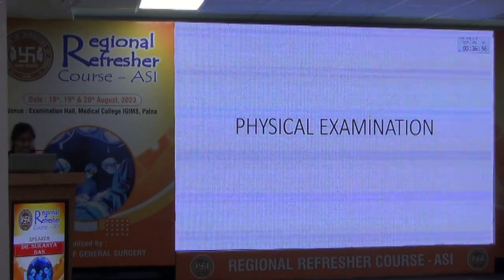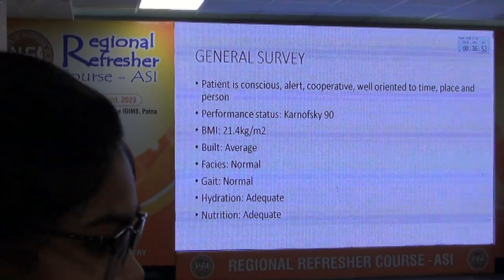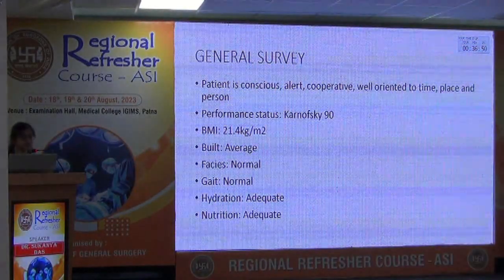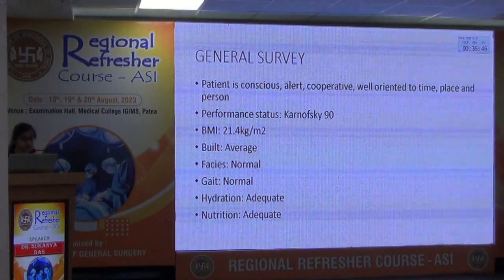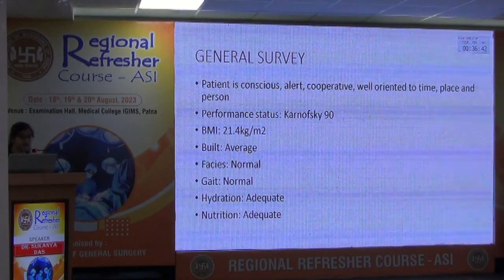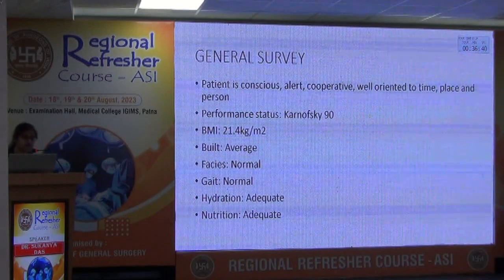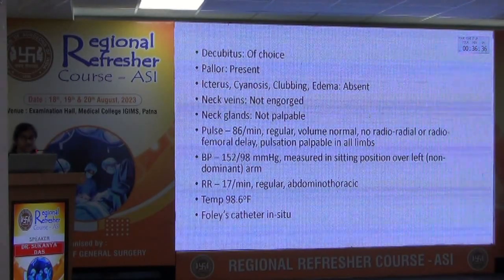Moving on to the physical examination. Under general survey, patient is conscious, alert, cooperative, well-oriented to time, place, and person. His performance status was Karnofsky 90 with a BMI of 21.4 kg per meter square. His build was average. Built and gait were normal. His hydration and nutritional status were adequate. Decubitus of choice.